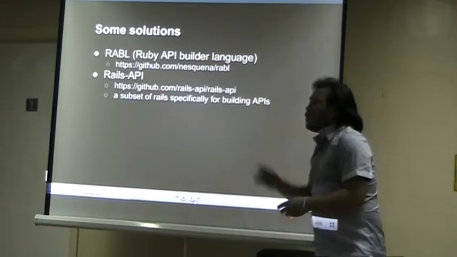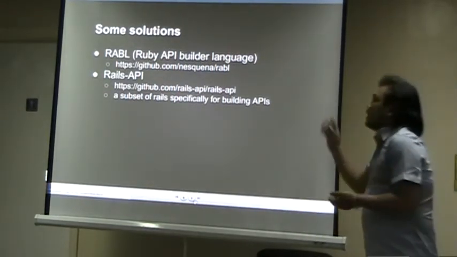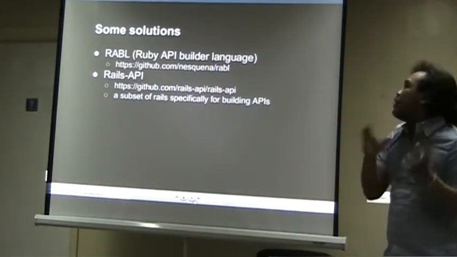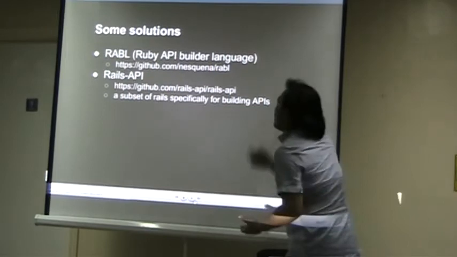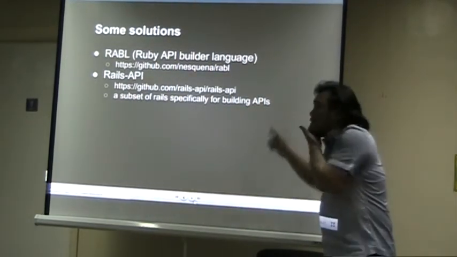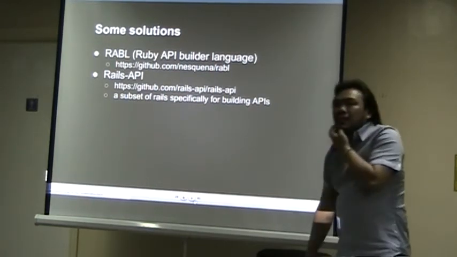And then there's a fork of Rails called Rails API, that cherry-picked version of Rails that was intended for building APIs. But my issue with this is I don't think it's maintained anymore.